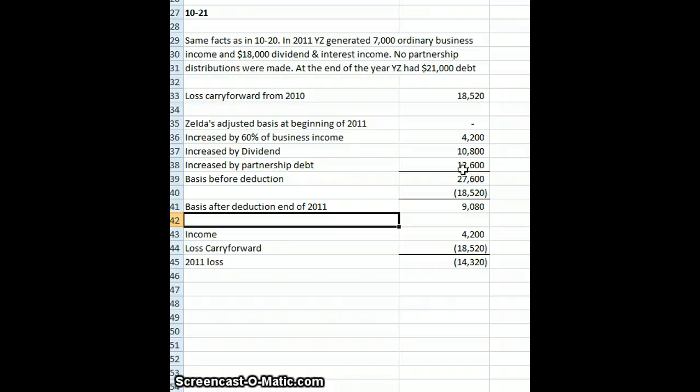We were able to flow through to our income statement our $4,200 income less our $18,520 loss carry forward, because we had enough basis to cover it. Remember, we can only go down to 0 basis. So our ending basis after taking that deduction gives us $9,080 for our ending 2011 adjusted tax basis in our partnership.